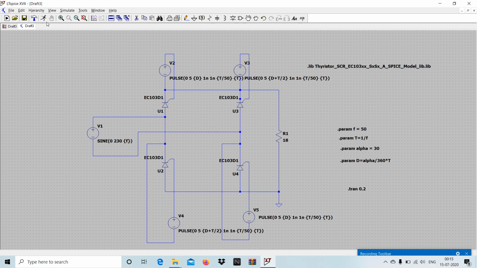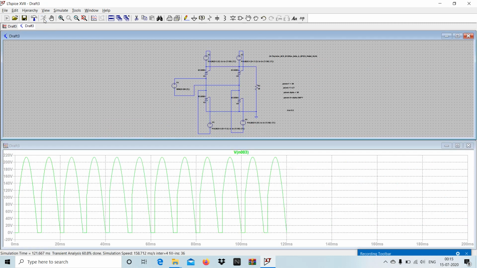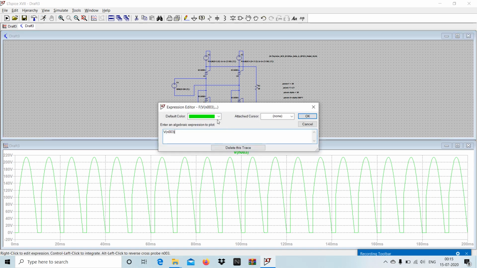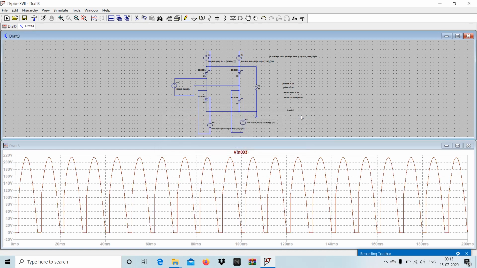Yes, now we got the output. We will change the color. Now we are getting it exactly at 30, the alpha value is 30. The voltage is starting from here.